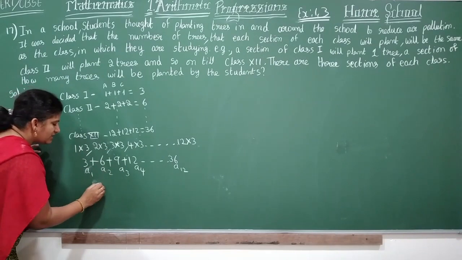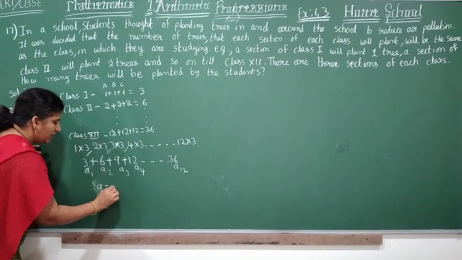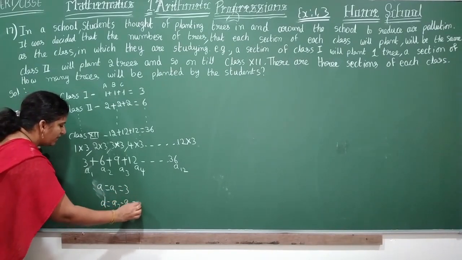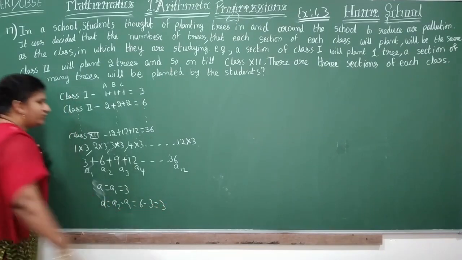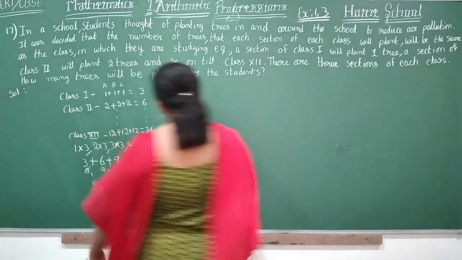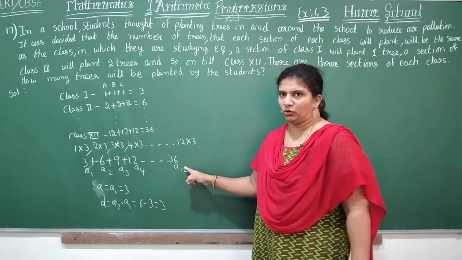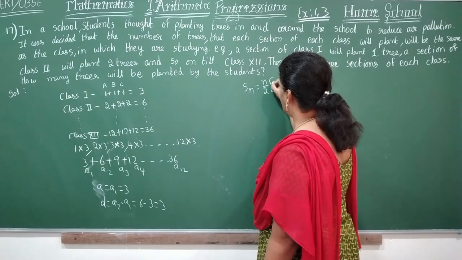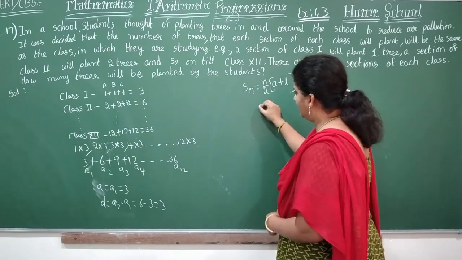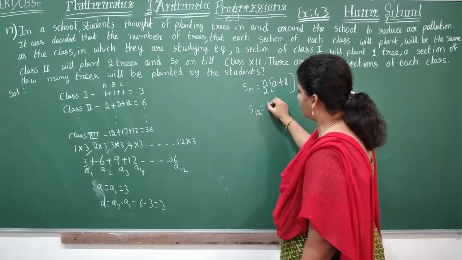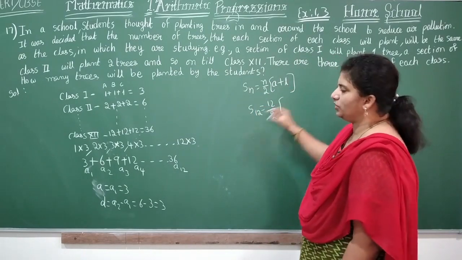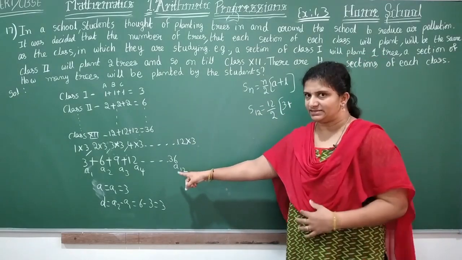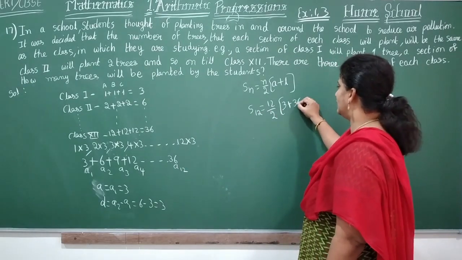Before finding this, let's calculate A equal to A1 equal to 3. D is equal to A2 minus A1, that is 6 minus 3, equal to 3. Now look here, the first term and last term are known, so you can select the direct formula. Sn is equal to n by 2 into A plus L. That is S12 is equal to 12 by 2 into, what's your A value here? 3, and L is nothing but the last term An, that is 36.